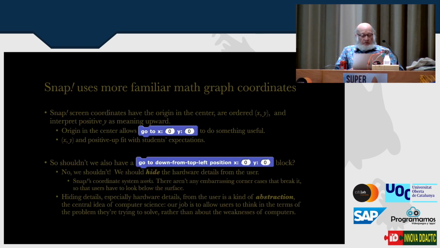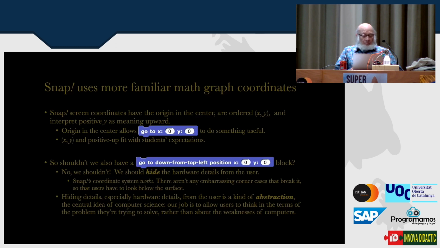So one small but important reason is that if you go to 0, 0, the origin, it's in the middle of the screen, which means it's a useful place to start drawing pictures. Whereas if you draw a picture in the corner, everything is a lot more complicated if you want it to stay on the screen.